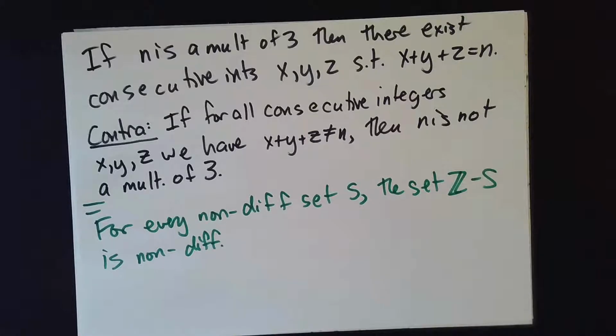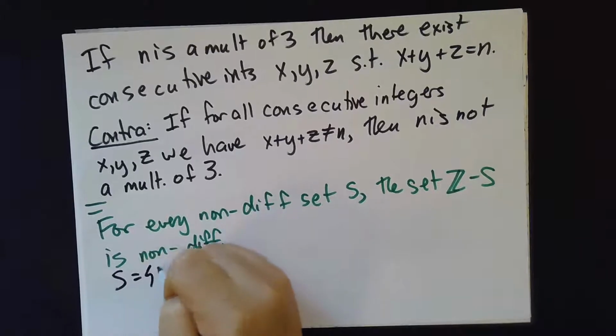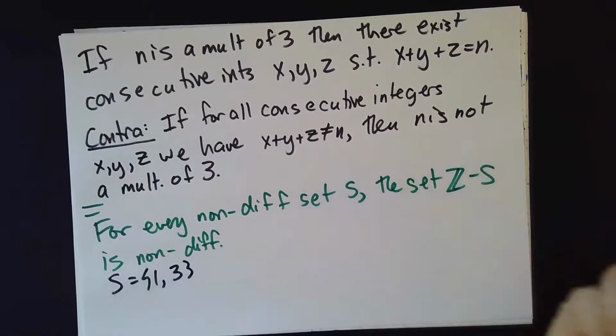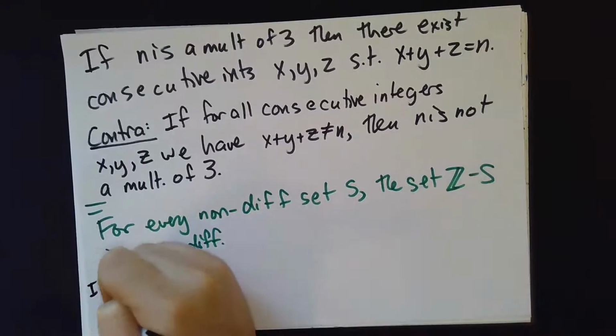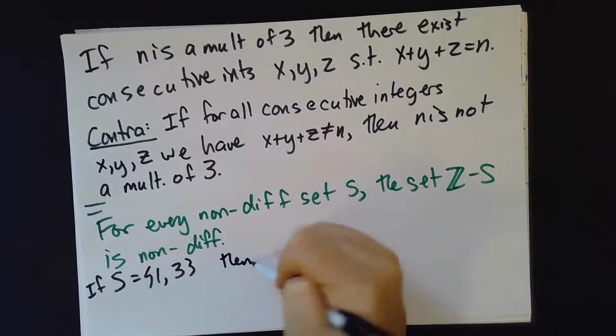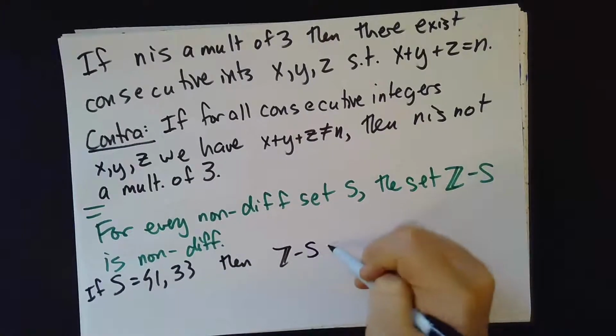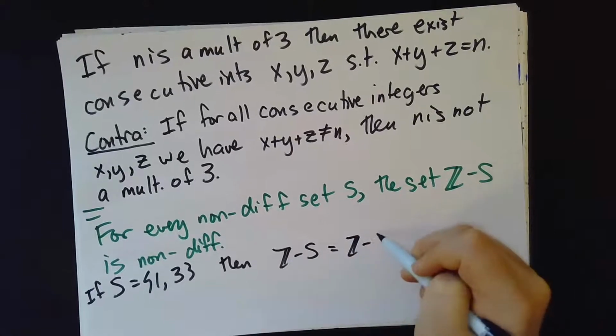So take your favorite non-differential set, like {1, 3}. Then Z minus S is Z minus {1, 3}.